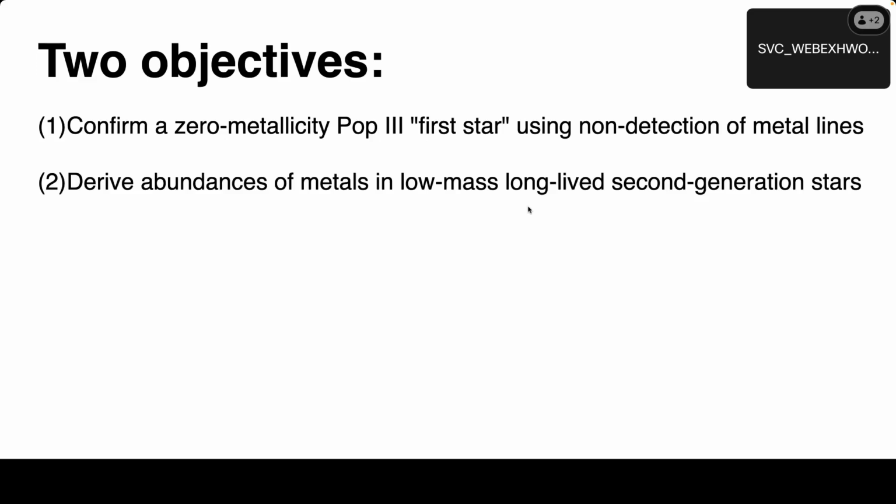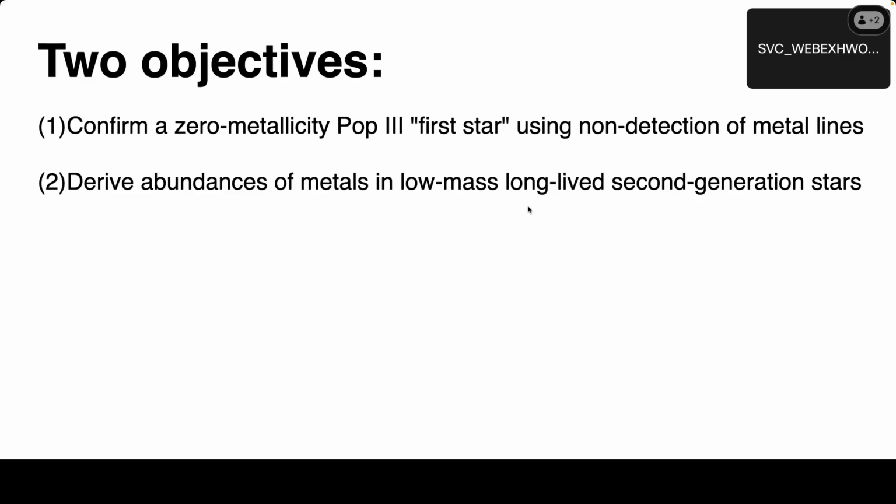So there are 2 objectives here. One is to confirm a zero metallicity top 3 star, if any exists in the Milky Way or its surrounding stellar populations. And the strategy with this is to derive the strongest limits possible on the non-detection of metal lines in the spectrum.